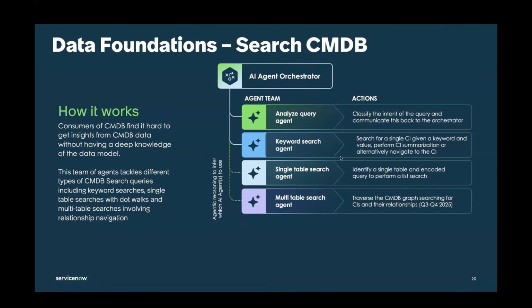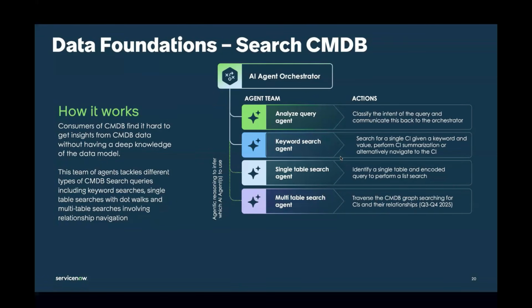The queries that we write are trying to get certain data out of the CMDB, and so this is an ability to analyze those queries and provide the classification of those.